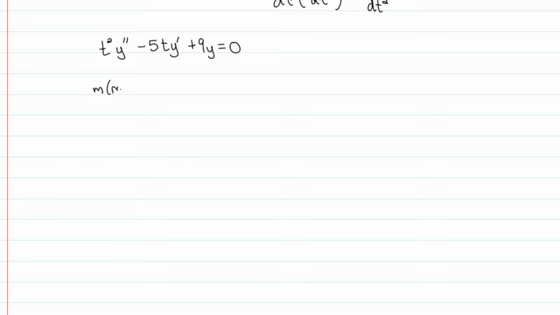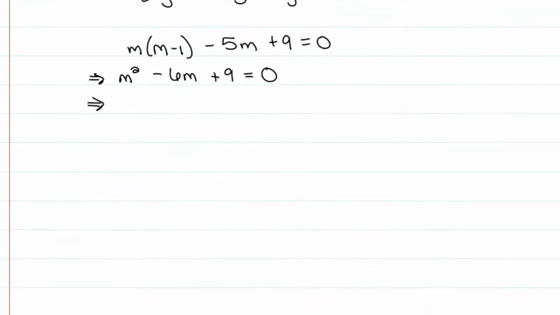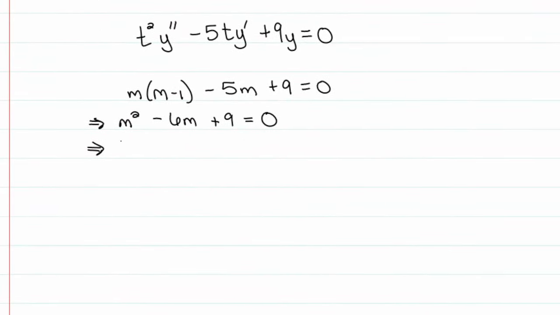So we're going to change the characteristic, m times m minus 1 minus 5 m, and then plus 9 is equal to 0, which will imply that m squared minus 1 minus 5, which is minus 6m plus 9 is equal to 0. Oh, that's beautiful because that, I'm going to widen this out. It's kind of small for my handwriting.